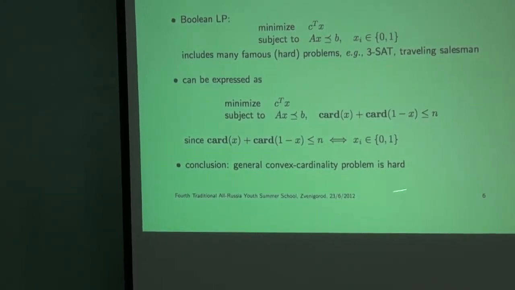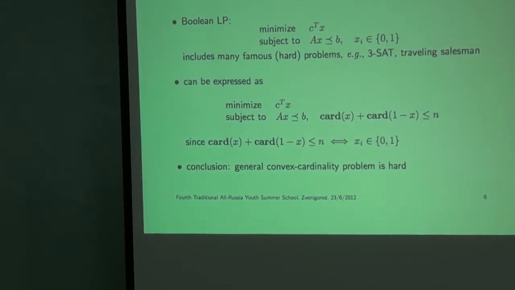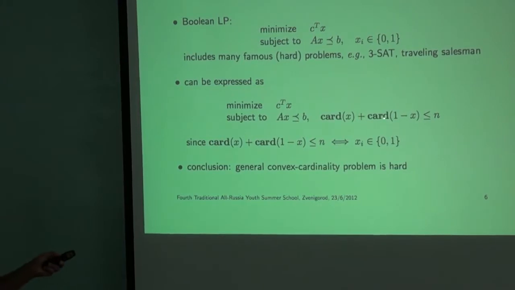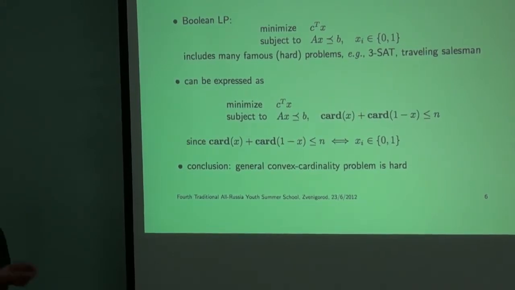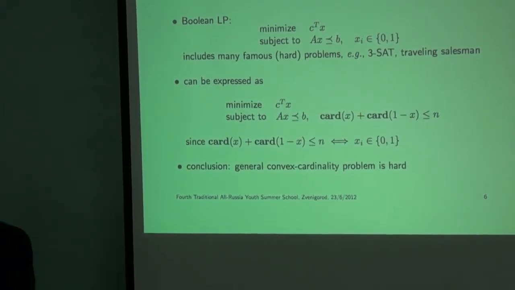This is silly, but just to get it out of the way. Again, you don't even need the objective. What you do is you write Ax less than b, and then card of x plus card of 1 minus x. Think of a single point. If x is a scalar, card of x plus card of 1 minus x is either 1 or 2.